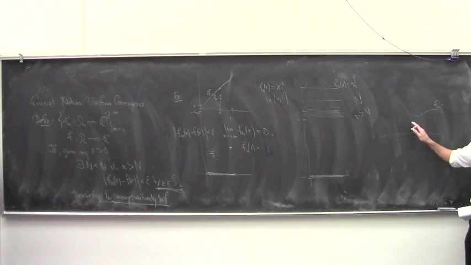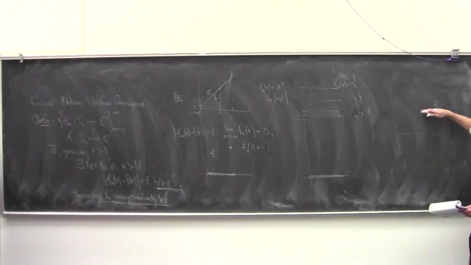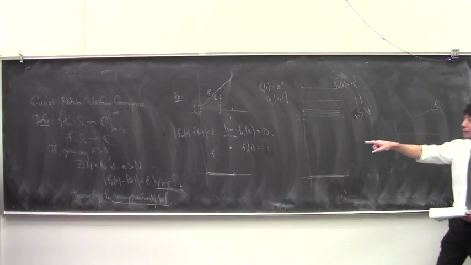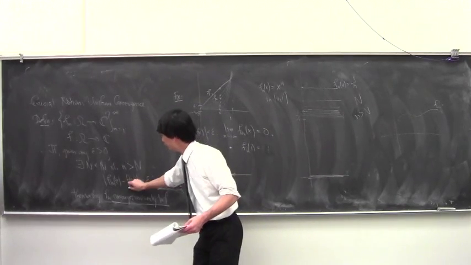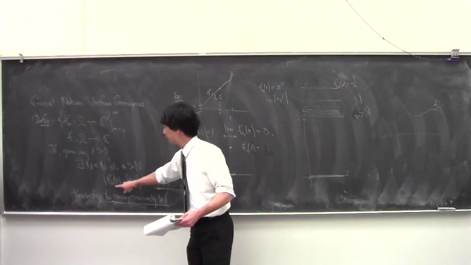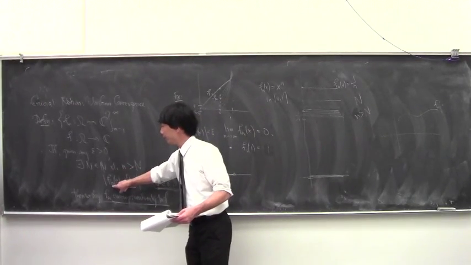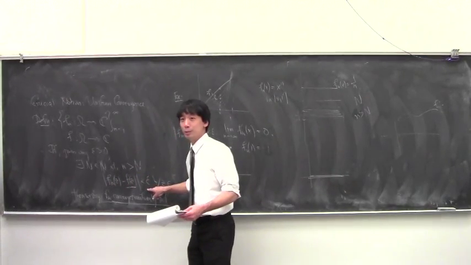Uniform convergence says that given any epsilon tube, there's a time past which all the graphs of the functions lie in the epsilon tube. That's exactly what this is saying, right? Given any epsilon tube around the graph of your function f, there's a time past which the graphs of the functions past that time all lie within the epsilon tube.